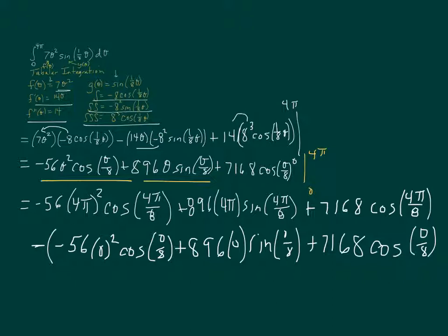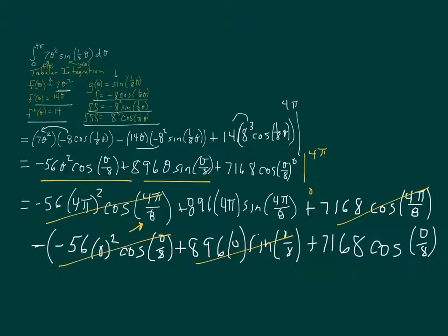So let's start getting rid of things that we can see. That's 0, because we're multiplying by 0. That's 0. If you notice, this piece here is the same thing as pi over 2. Well, the cosine of pi over 2 is 0, so that becomes 0. Happens again right there.